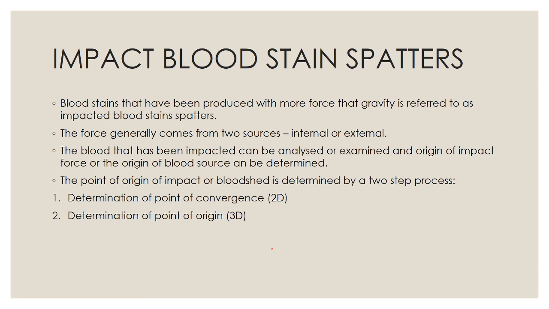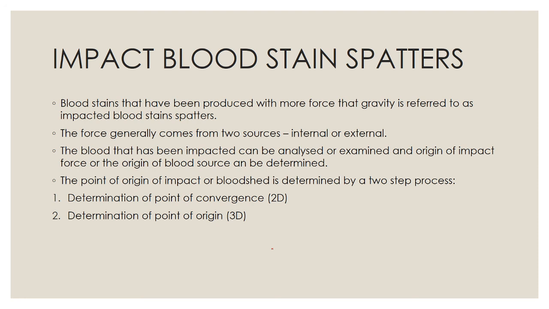So these forces are of two types, as I said earlier, internal or external. The point of origin of impact or bloodshed is determined by a two-step process: determination of the point of convergence, where we get a two-dimensional picture, and determination of the point of origin, which we can identify as three-dimensional.